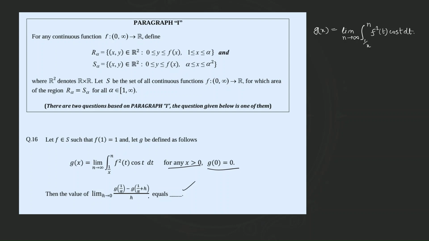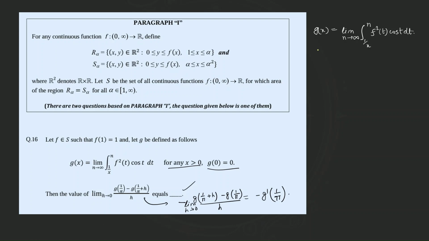If we multiply by a minus, it will be g of 1 by pi plus h minus g of 1 by pi divided by h, with h tending to 0. So this is nothing but minus g dash of 1 by pi. So we have to find this value.